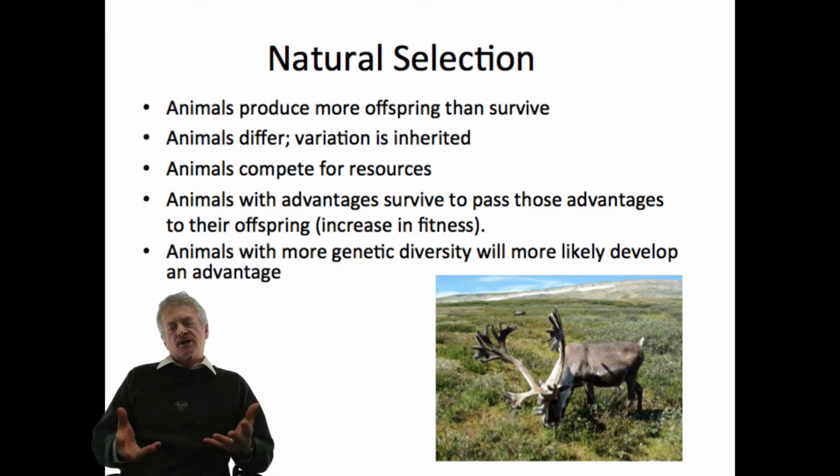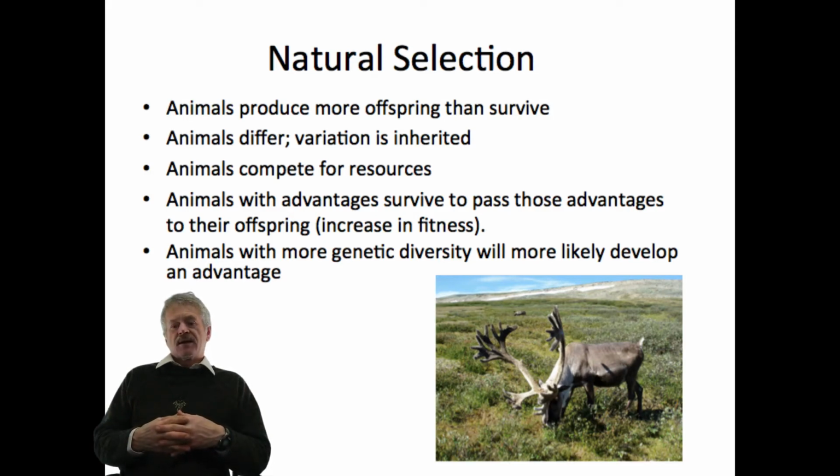In natural selection, animals produce many more offspring than survive. There is variation, morphological variation based in genetics, and it's inherited. And there are just not enough resources in the world for all these animals that are born to survive. And so animals that have more fitness or advantages, they're the ones that survive.